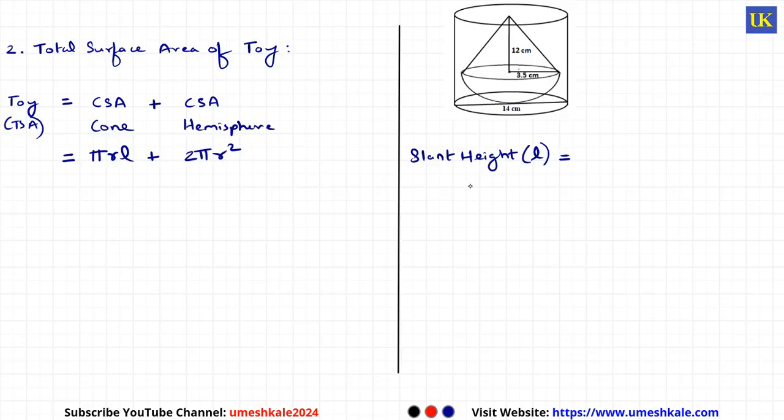The formula is slant height equals under root height square plus radius square. Height of the cone is 12, so 12 square plus radius, 3.5, means 7 by 2, squared.